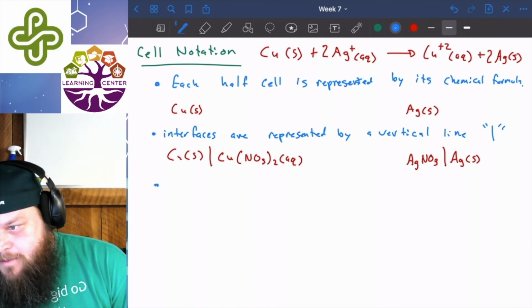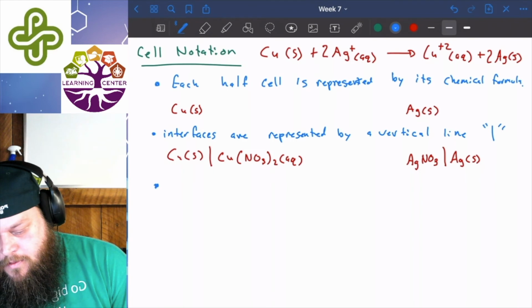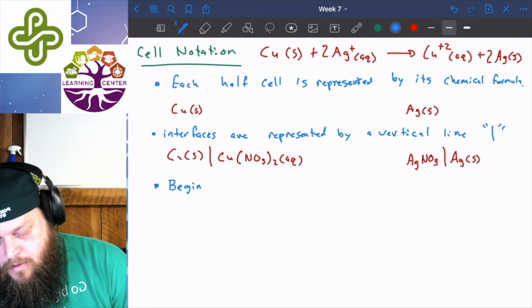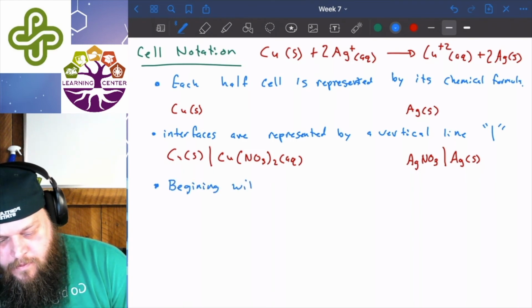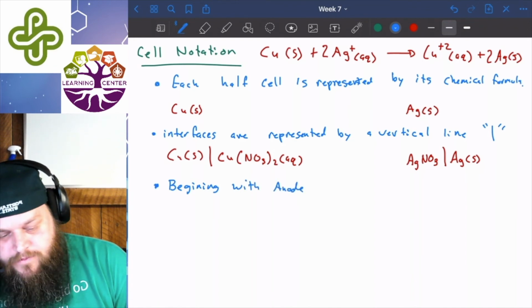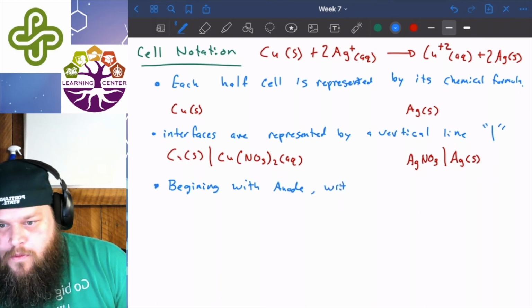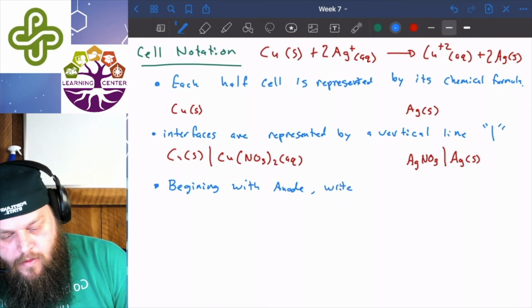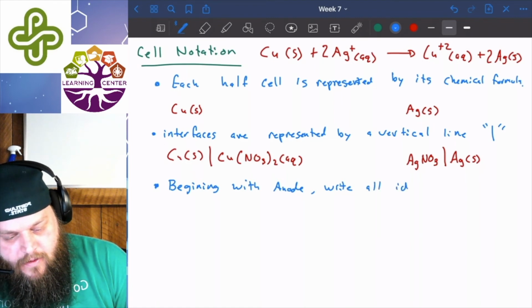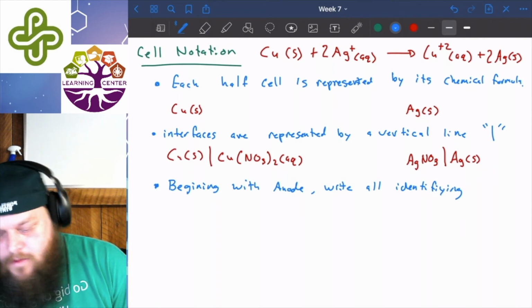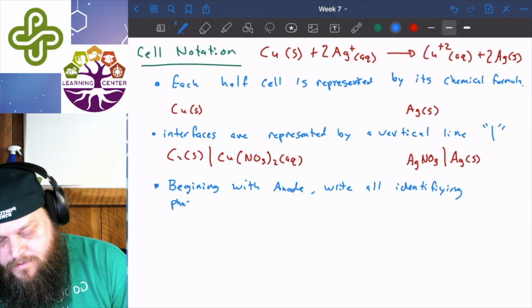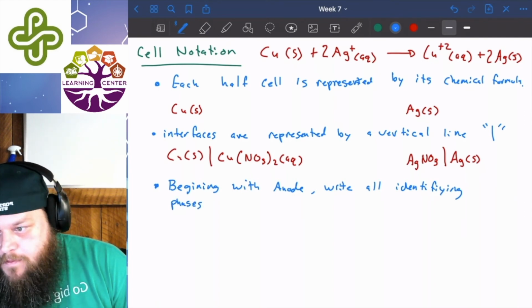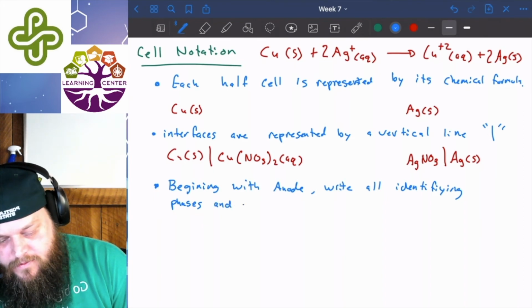So last step, beginning with anode, write all identifying phases and interfaces.